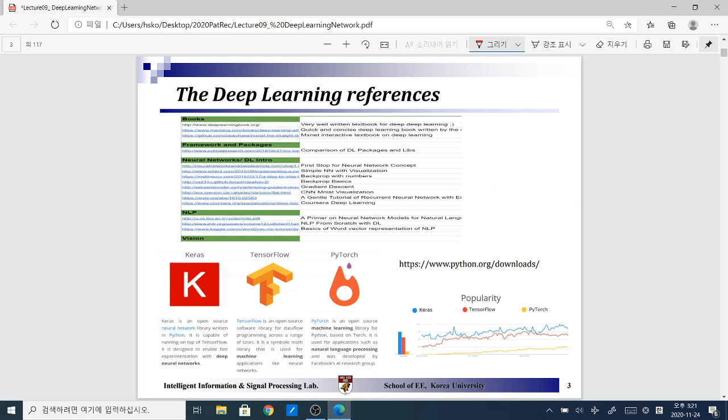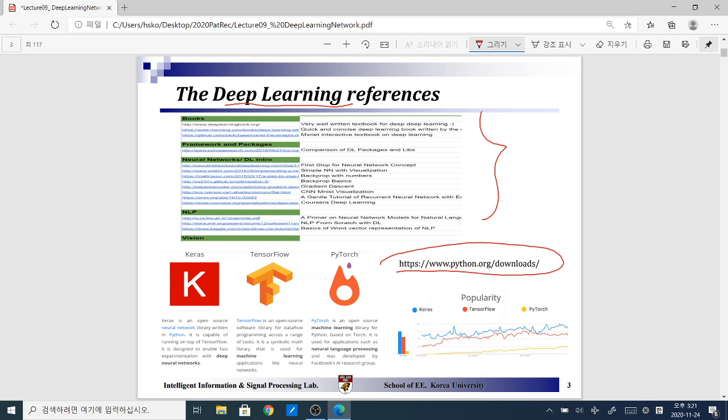Okay, so because of, once again, a big hype on the deep learning with a lot of success stories, there has been a slew of references and other resources for the purpose of developing, let's say, codes for different types of applications. So here are some of the references that you could look into, especially, for example, like CNN models and RNN models.